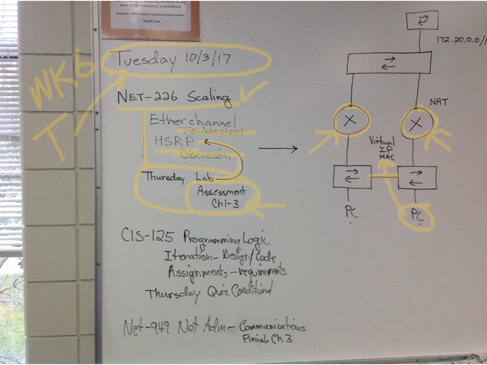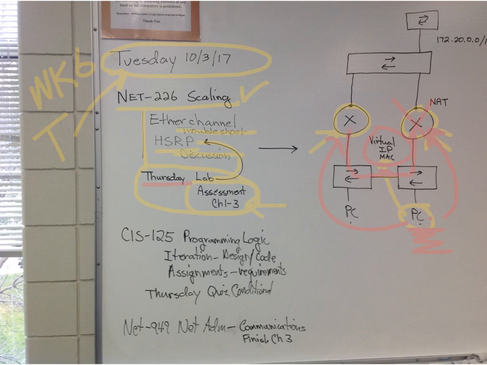And so then they would communicate to each other through here because they're on the same network, right? And so then one will be actually physically used as the default, but if that one goes away, then we immediately switch to the other one, and the PCs won't know the difference because they're pointing at a virtual IP. And we'll configure that on Thursday.